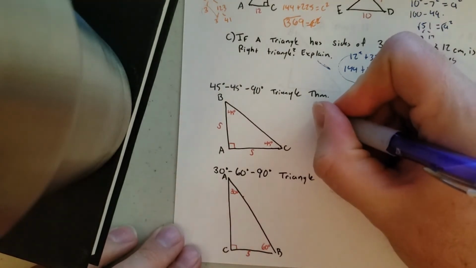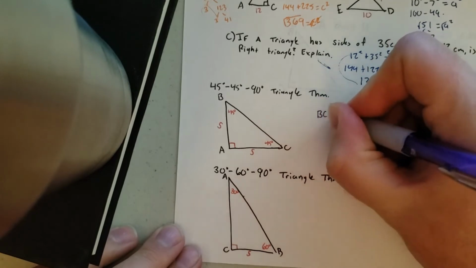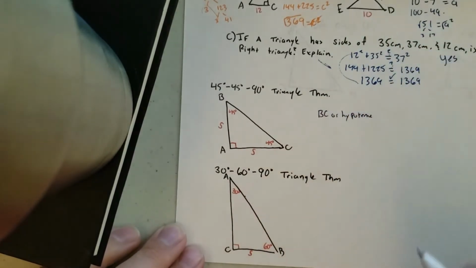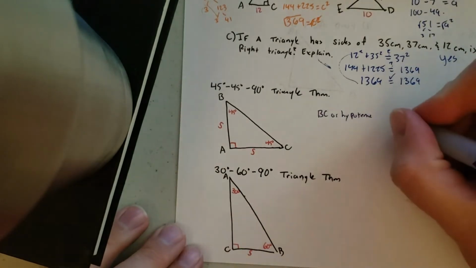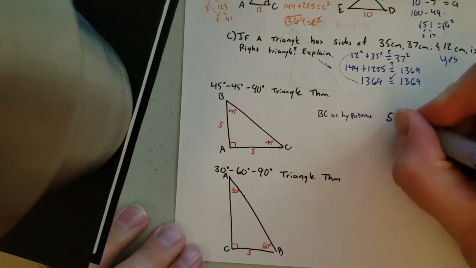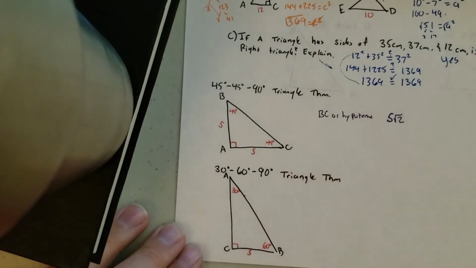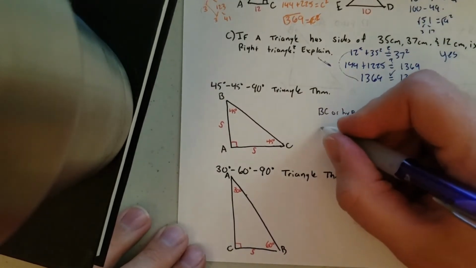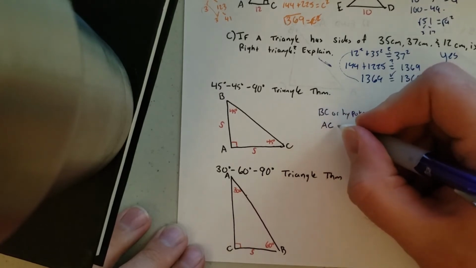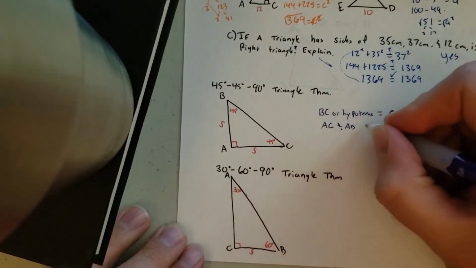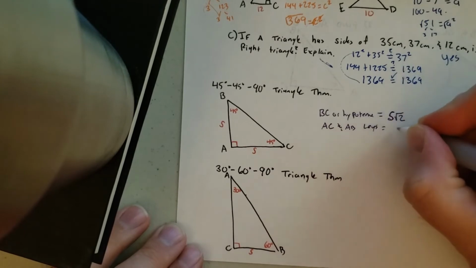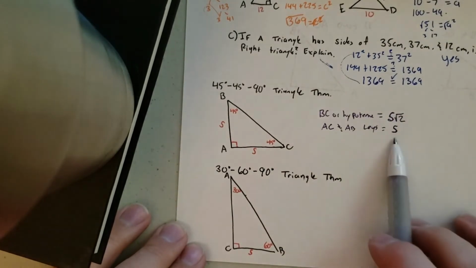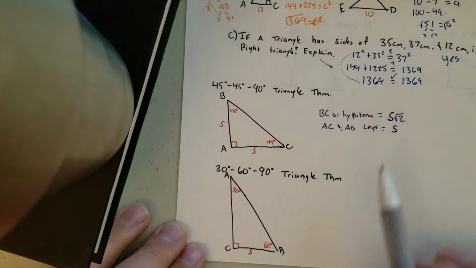So BC, or the hypotenuse, in a 45, 45, 90, is the side times the square root of 2. And then, of course, the two legs, AC and AB, just equal that value of S. So that is our 45, 45, 90.